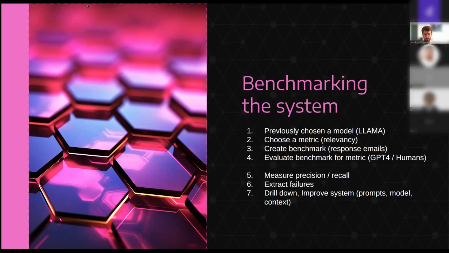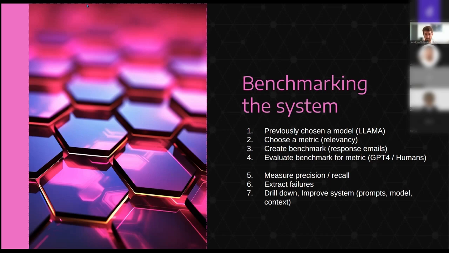Is it the model? Is it the prompt that you're using? Is it an example which the model thinks is wrong, but actually when you're looking at it is right? Again, here you don't have to do this until everything is right. You also don't want to overfit your model, but you definitely want to spend some time after benchmarking, drilling in and improving your system. So steps 5, 6, and 7 would be improving your system.